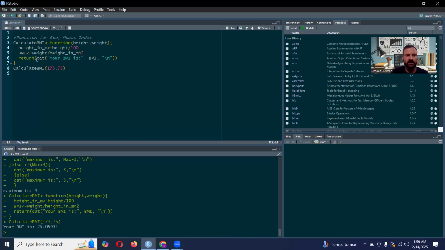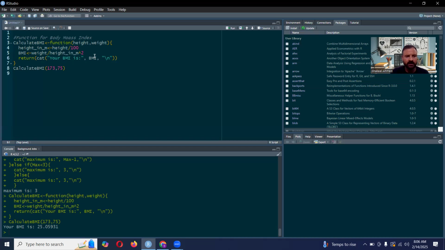Basically, you can write return just BMI, or you can write it as a list, or as a data frame, or in terms of a vector, and you can just name the vector. This is BMI of 10 students or 10 patients. So this is all about the function you can run in R.